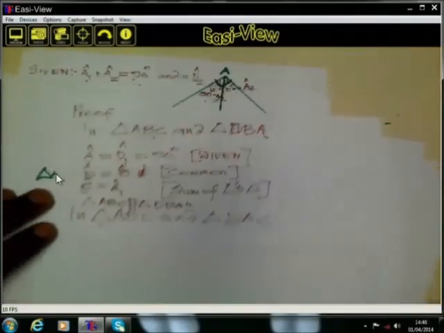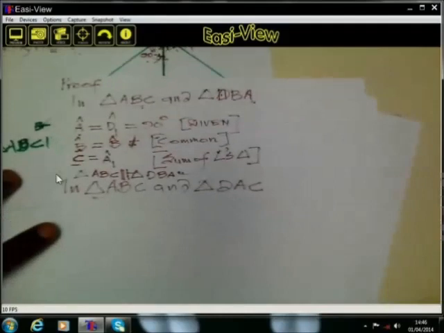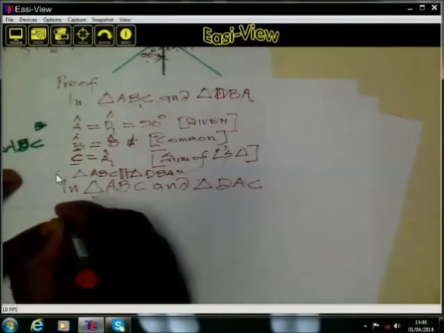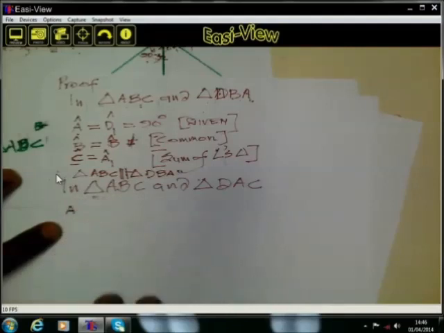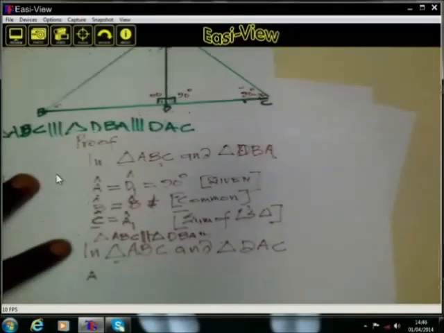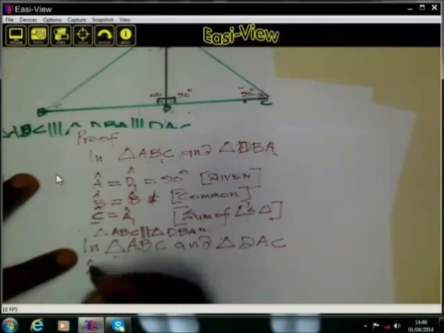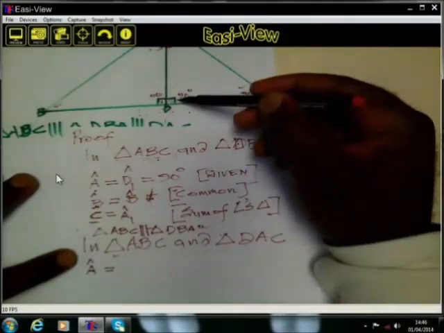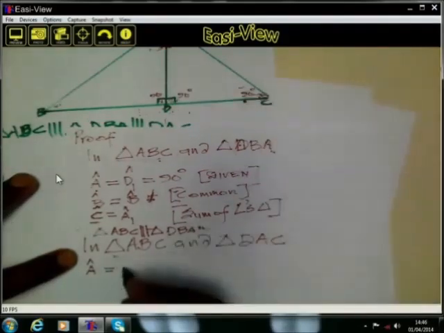The first thing that I can spot in this triangle is that angle A, for the bigger triangle ABC, is going to be equal to angle D2.